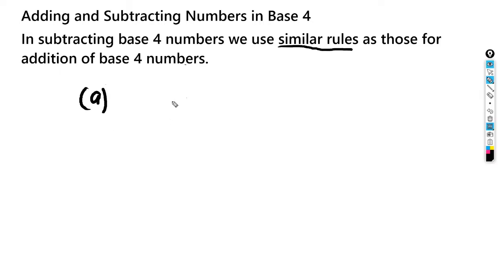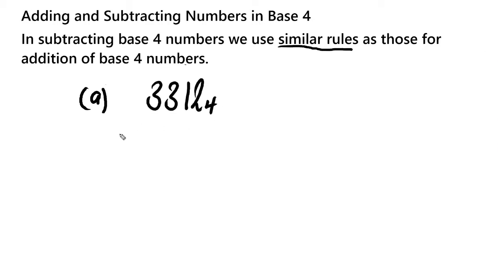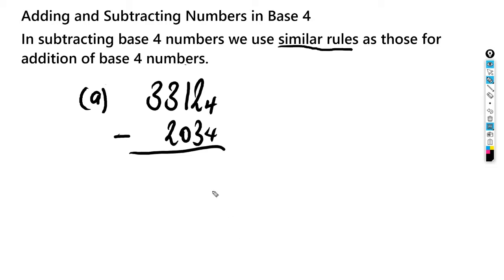Then we're going to have 3312 in base 4 minus 203 in base 4. Okay. All right, so let's do this example. This 2 minus this 3, we'd have to break this one here, and we're going to end up with 4 plus 2.